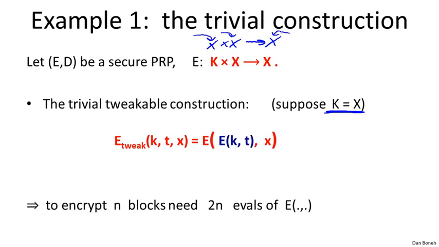The way we define the tweakable block cipher, again with a key, a tweak, and data as input, is that we encrypt the tweak using our master key, and then we encrypt the data using the resulting random key. Now you realize that if we wanted to encrypt n blocks with this tweakable block cipher, this would require 2n evaluations of the block cipher: n evaluations to encrypt the given tweaks, and then n more evaluations to encrypt the actual given data.